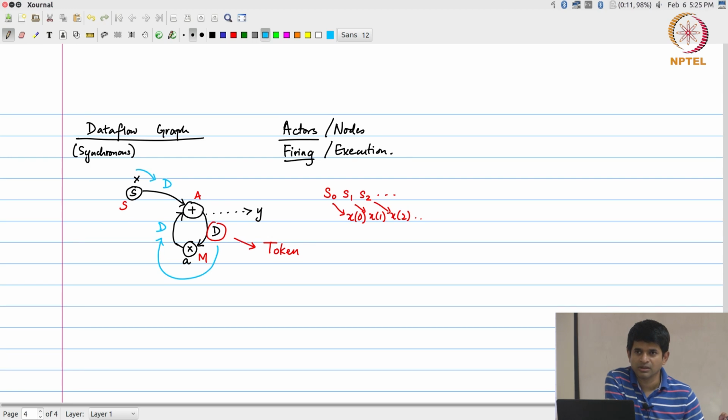Now, if I look at the new state of the graph, it essentially corresponds to this. If I look at all the different nodes in the graph and try to find out which ones of them are ready to execute at this point, which ones have tokens on their inputs?